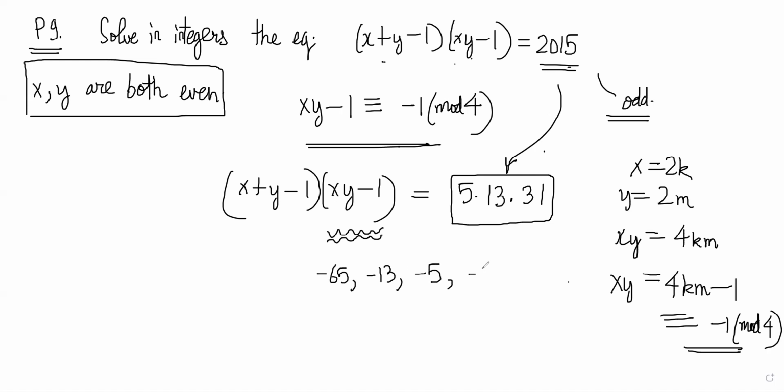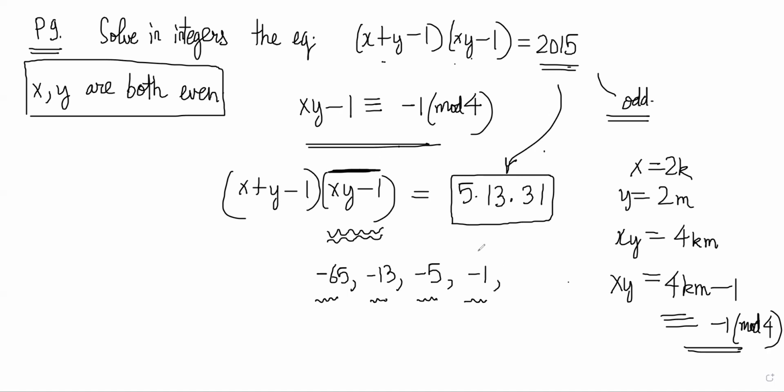You could get a minus 1. You cannot get a 1, because 1 is not congruent to -1 mod 4. All of these numbers so far are congruent to -1 mod 4, and this whole thing has to be -1 mod 4.